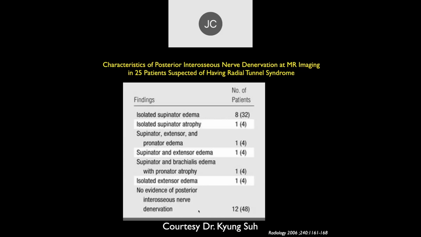I'm not exactly sure of the numbers here, but you can see that you can look for supinator edema, atrophy, and muscle edemas also in this syndrome. And it all depends on the location of the injury to the nerve as to what the findings are.